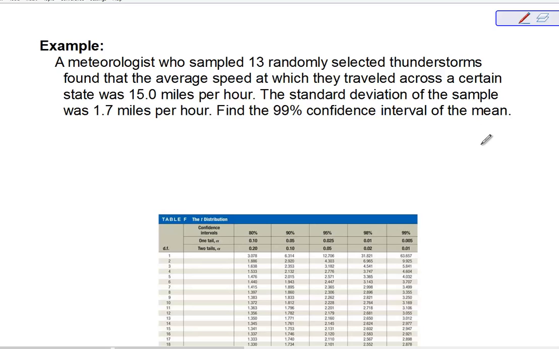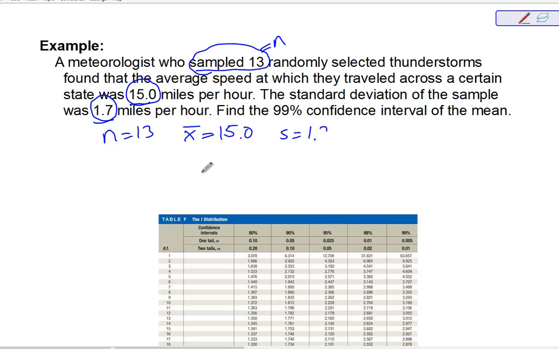Okay, so we have that he sampled 13. So that's our n. That's the number sampled. And it found that the average speed was 15.0 miles per hour. Standard deviation for the sample was 1.7. So n is 13, our x bar is 15.0, and our s is 1.7.